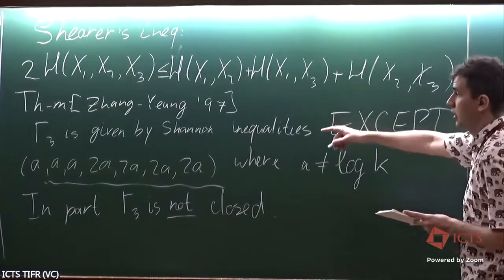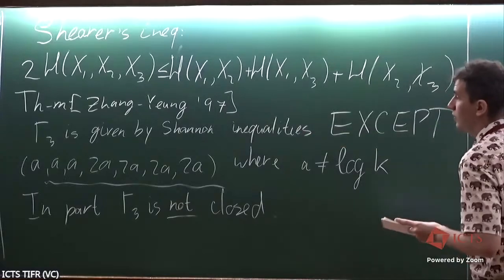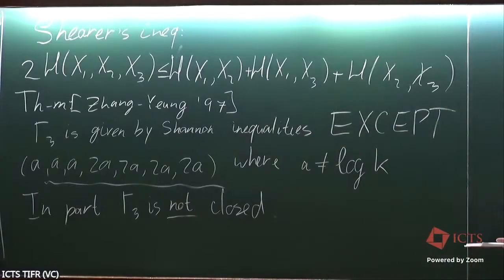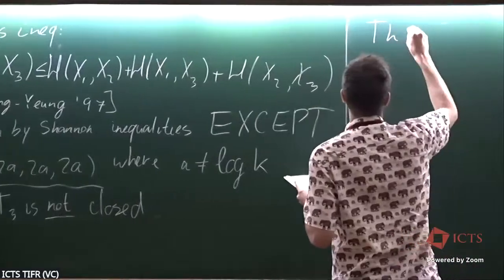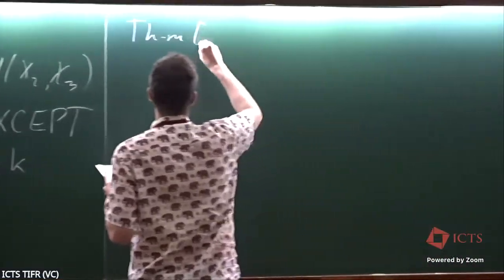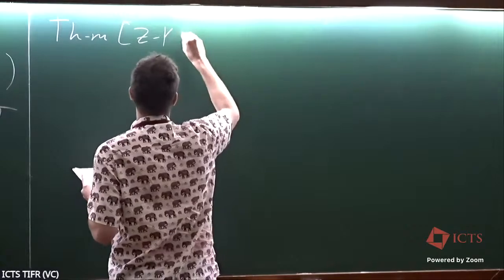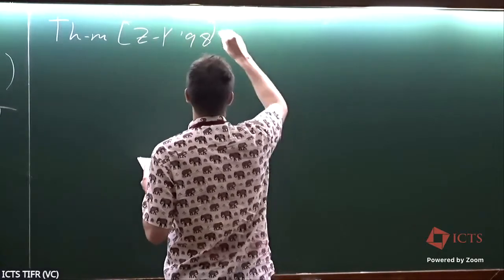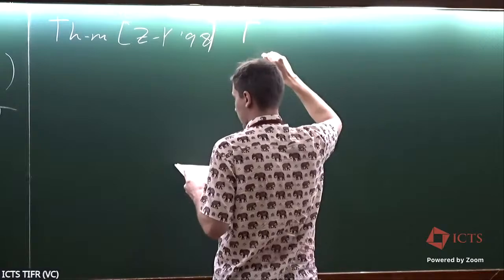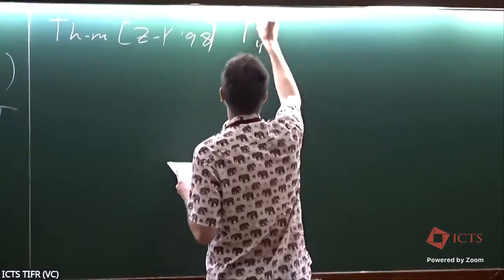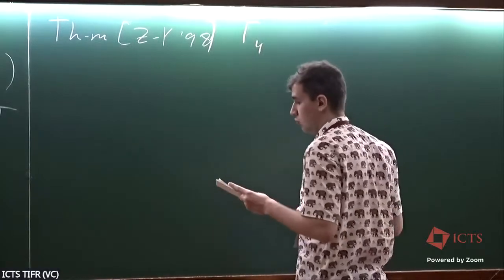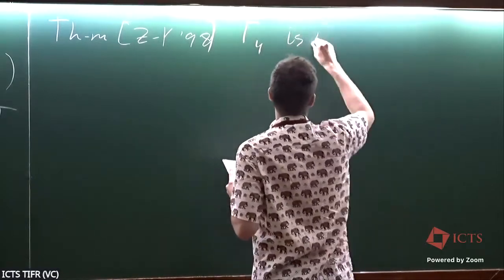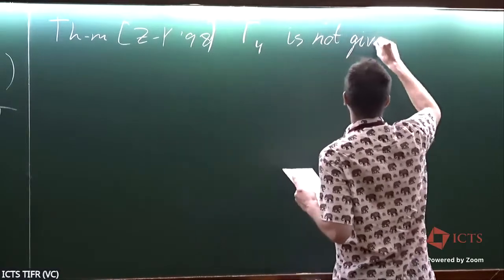The same people, in the same paper, gave the first conditional inequality for gamma 4, which is non-Shannon. But just in a year, they figured out that gamma 4 and even its closure, so even if we add all the limiting points, is not given by Shannon inequalities.